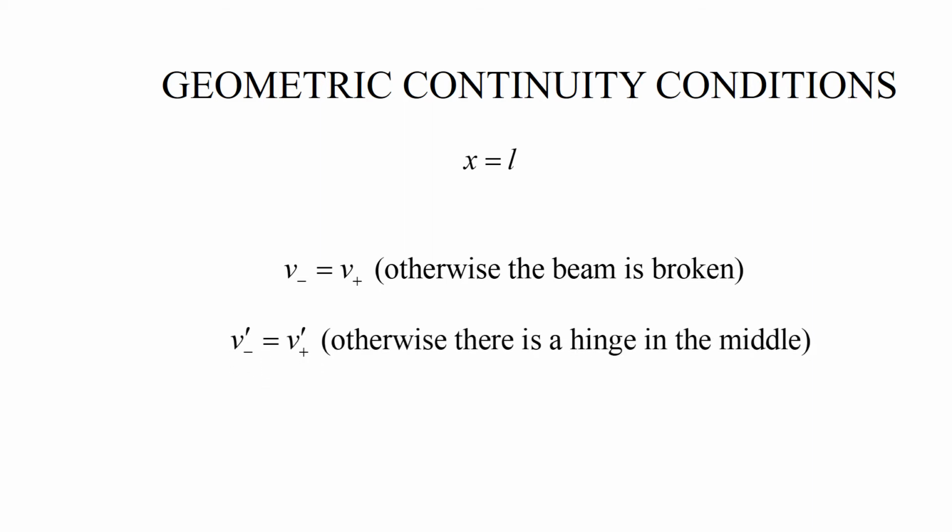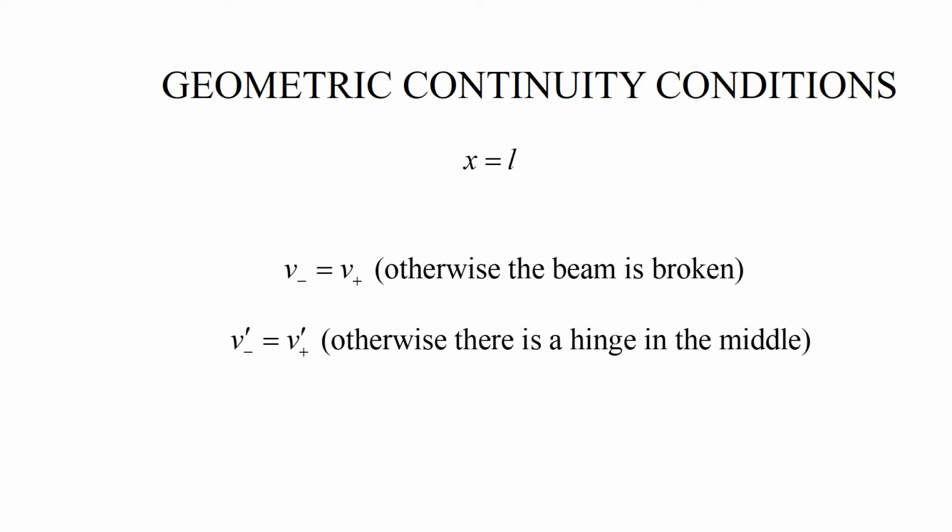We also claim that the slope or the derivative is continuous, meaning V prime minus is equal to V prime plus. What does it mean? It's good to look what happens if this condition does not hold. Think about your arm and the elbow.